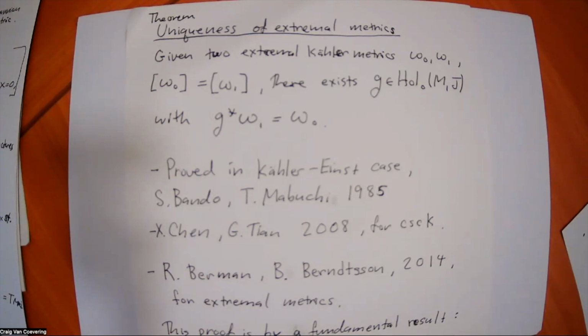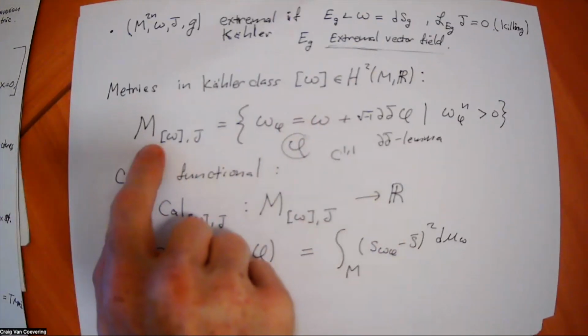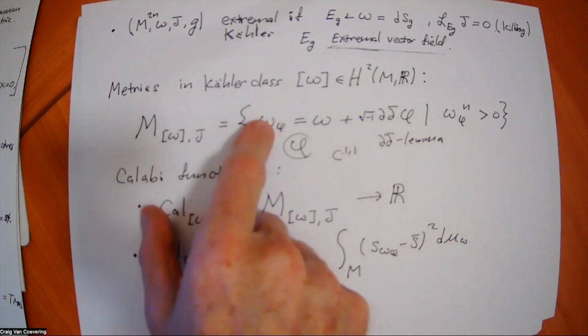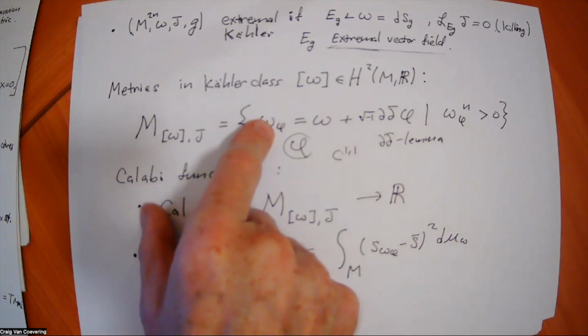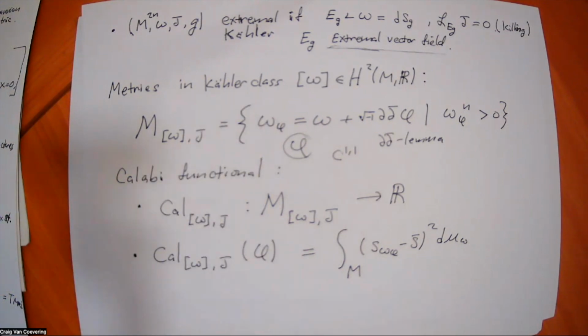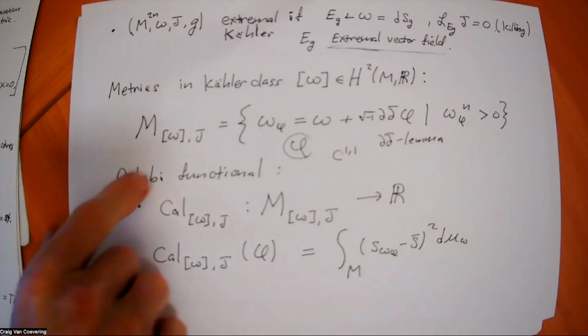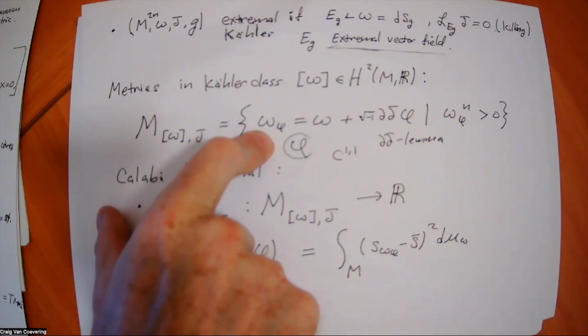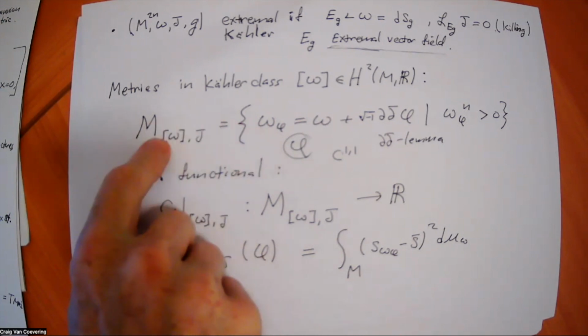In the space of metrics in a fixed Kähler class, if there exists an extremal metric, then to be precise, it's unique up to isometry.